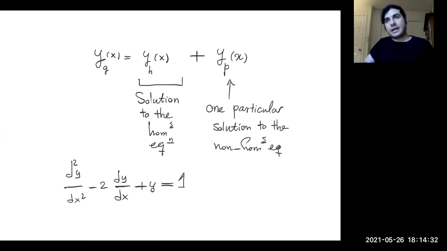At this point, I'm not looking for the general solution. Just tell me one solution to this equation. Even if the solution is very trivial, it doesn't matter. Just give me one function, let's show it with yp of x equals something, such that it satisfies this equation. There is a very trivial one which we can just guess.